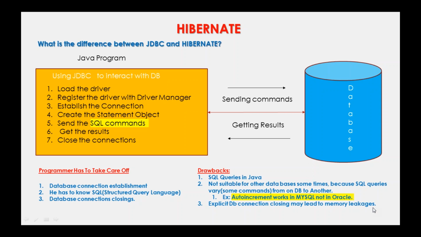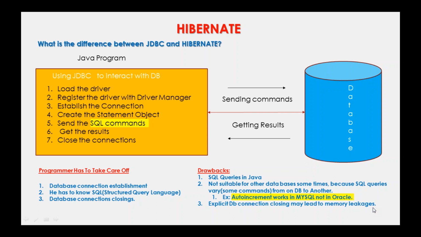If the programmer closes the connections manually, there is a chance of memory leakages. For example, if you open 20 connections in your application and don't close every connection, that will be the biggest mistake and your application is going to hang, because heap memory, where the objects are created, will be filled.